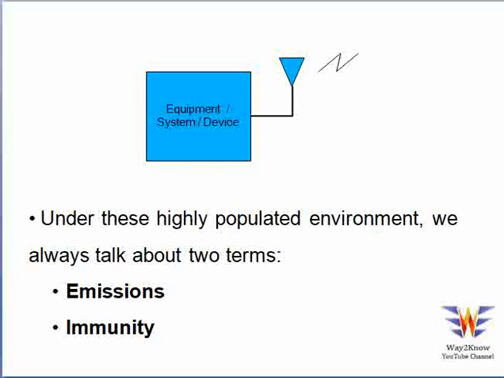And then immunity is a very simple English word, right? Where the devices have to operate under this highly populated environment we are talking about. And the effect of this external environment must be very less on the systems we design.